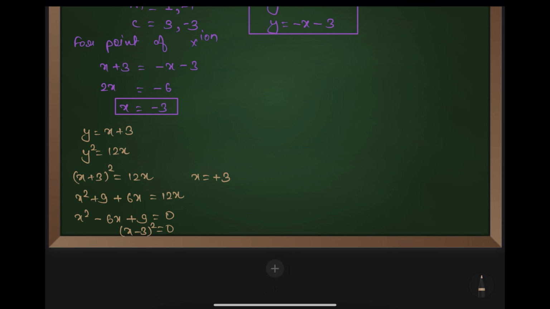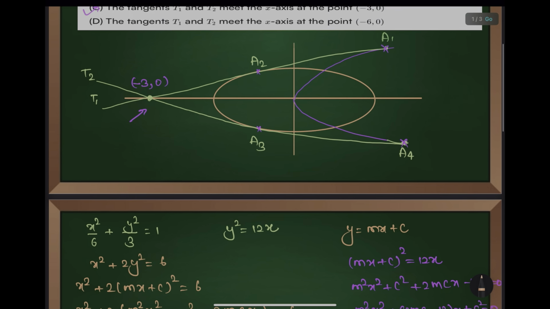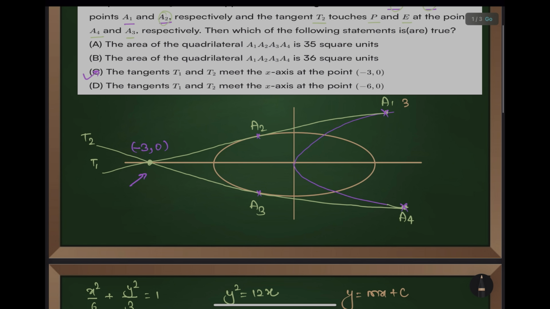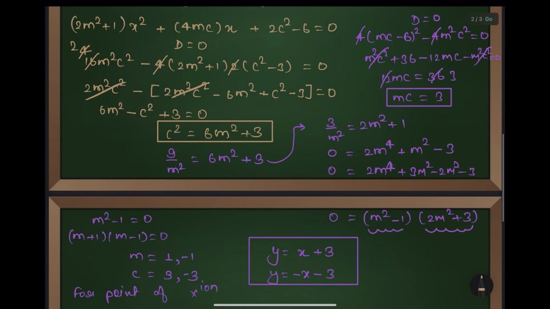Sorry, x equals plus 3, because if x minus 3 is equal to 0, x is equal to 3. So x is equal to 3, so y will be equal to what? y square is 36. So it will be 6 or minus 6. So you got your 2 points, 3 comma 6 and 3 comma minus 6. So you got your 2 points A1 and A4.